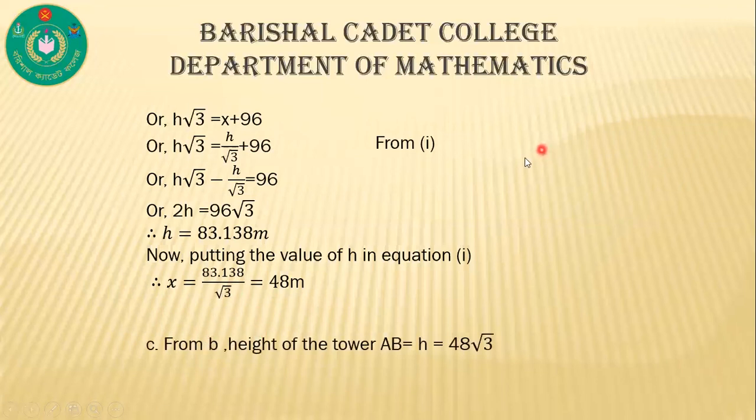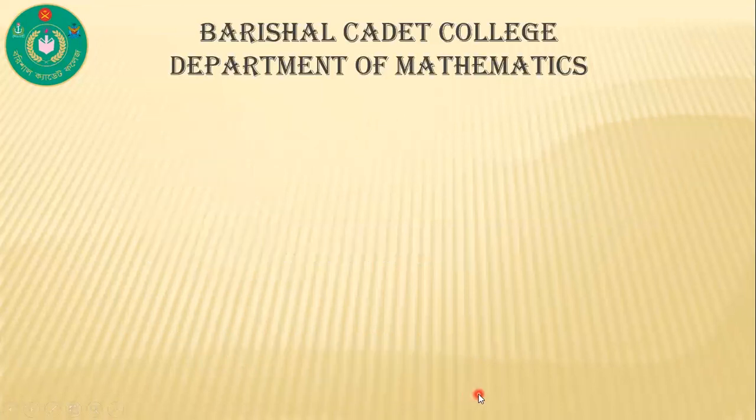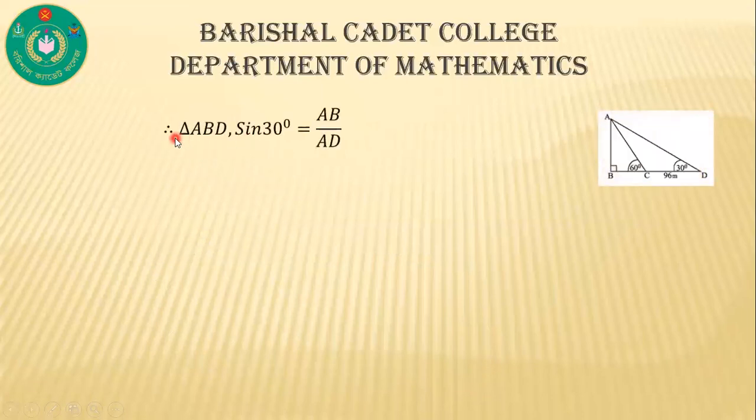Now question number C. From B, height of the tower AB is equal to 48 root 3 and BC is equal to x is equal to 48 meter, and given CD is equal to 96 meter. So triangle ABD, consider this angle.